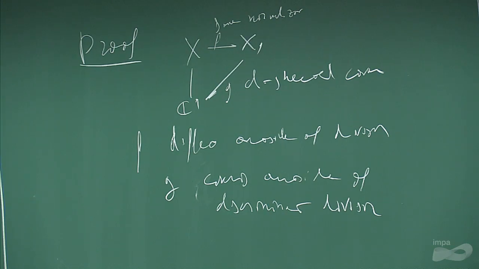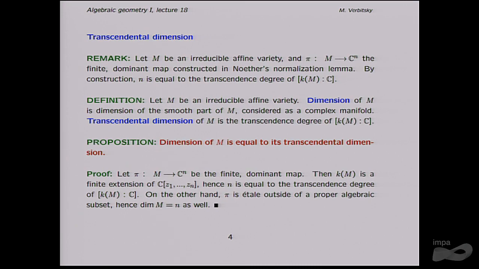Okay, transcendental dimension, this is something we already had. I just remind you; I don't need to write that unless you want me to, because you had it already. The transcendence degree of a variety is the transcendence degree of its field of fractions, which is the field of rational functions on the variety, and this is just the number of transcendental generators over C. Okay, but now we have a notion of transcendental dimension.